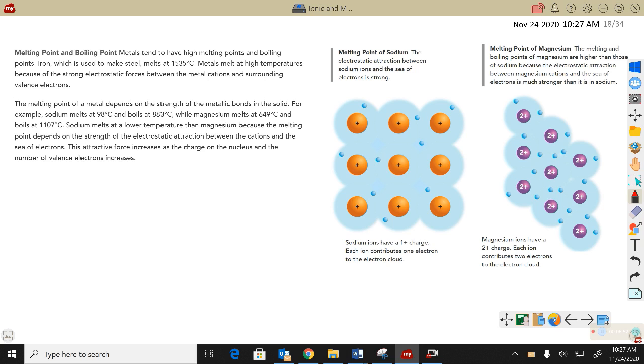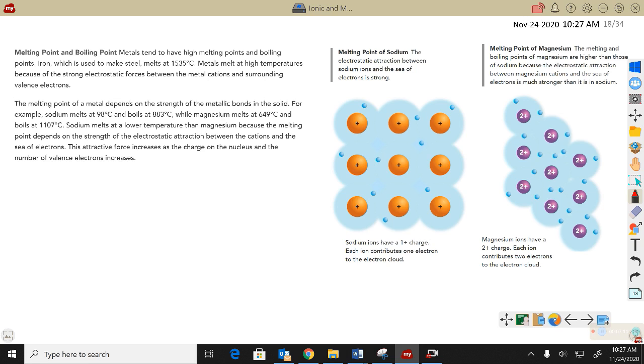Magnesium, on the other hand, has a pretty high melting point, 649 degrees Celsius. To some extent that depends on the charges, and we think about Coulomb's law and the magnitude of charge that affects the strength of the attractive forces.